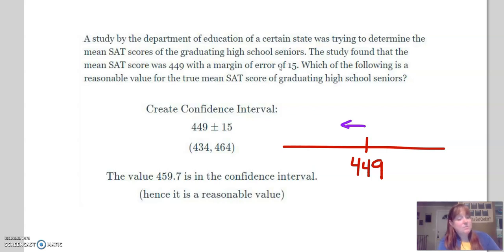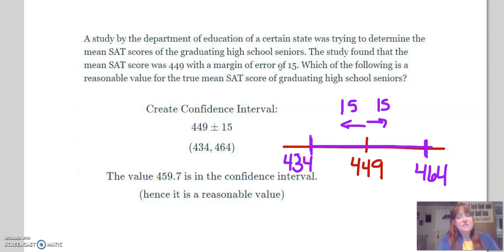So I'm going to go this way 15, and I'm going to go this way 15. And so my confidence interval is going to start at 434, because that's 449 minus 15, and it's going to end at 464. So what I'm telling you is that the actual mean of SAT scores is very, very likely in between 434 and 464.